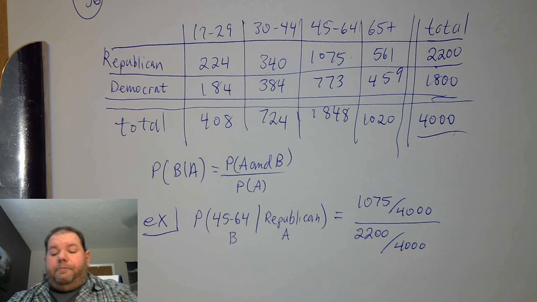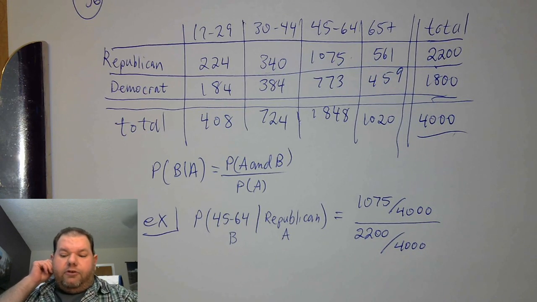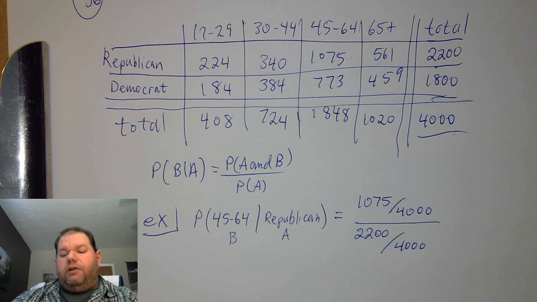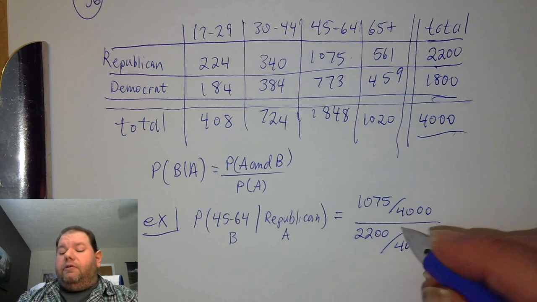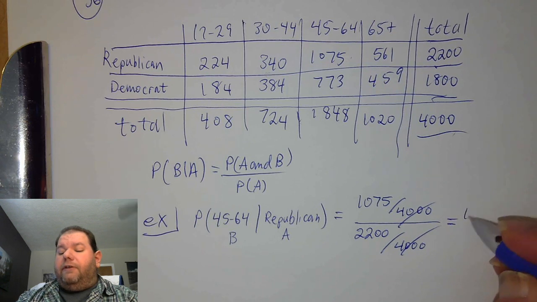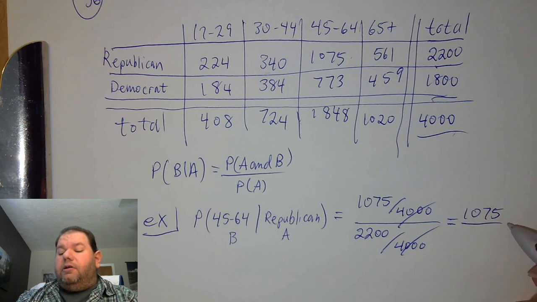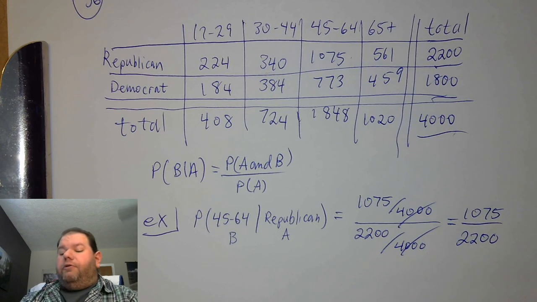Now, we end up with this fraction, basically two fractions inside of a larger fraction. But because these both are over 4,000, the 4,000 ends up canceling, and we end up with 1,075 over 2,200.